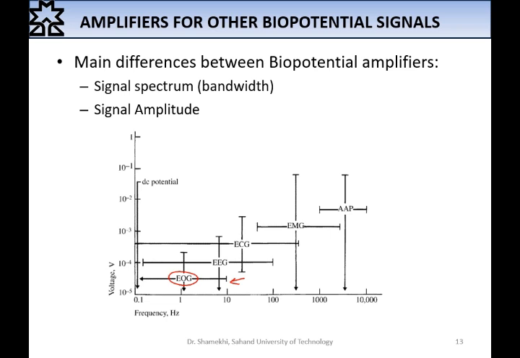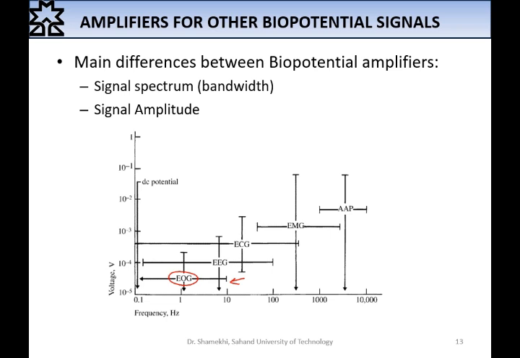The bandwidth of EEG consists of higher frequency and also higher amplitude. The ECG's bandwidth is more than the two previous signals, and also the voltage amplitude is higher than the two previous ones.